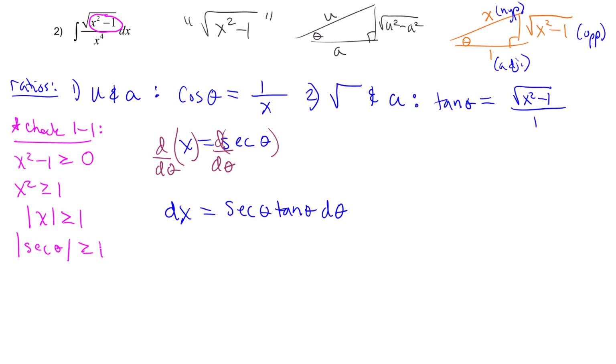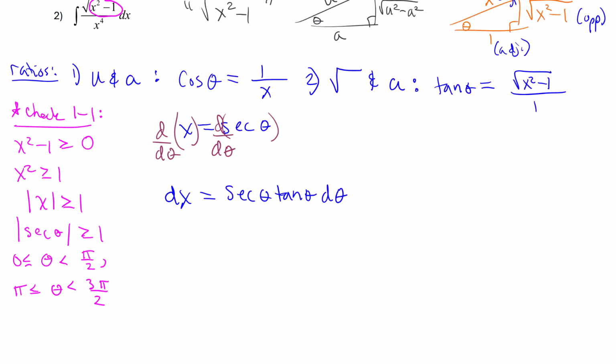And that means that theta must be greater than or equal to 0, but less than pi over 2, or theta has to be greater than or equal to pi, but less than 3 pi over 2. Now, if that's very unfamiliar, I recommend reviewing some trigonometry.